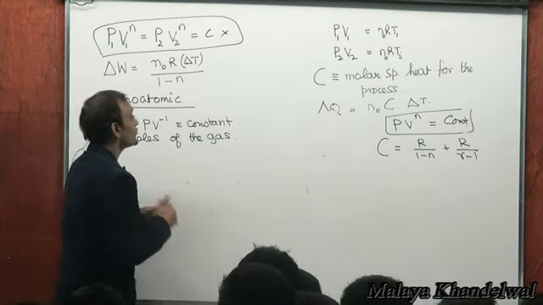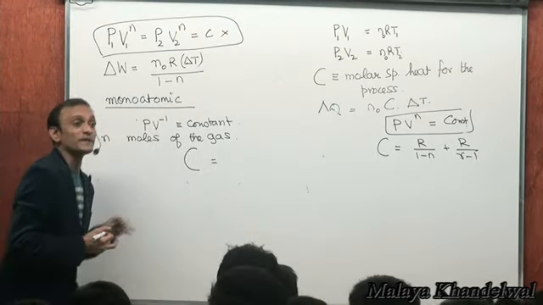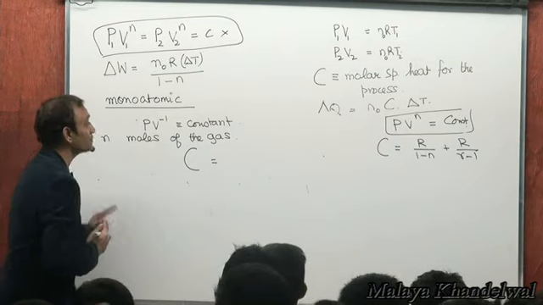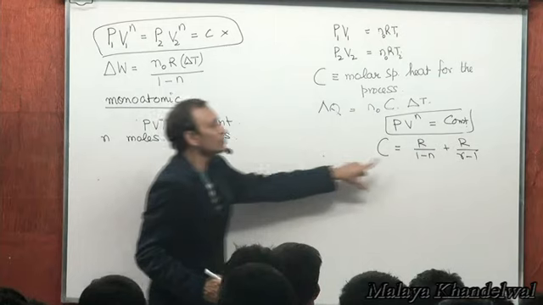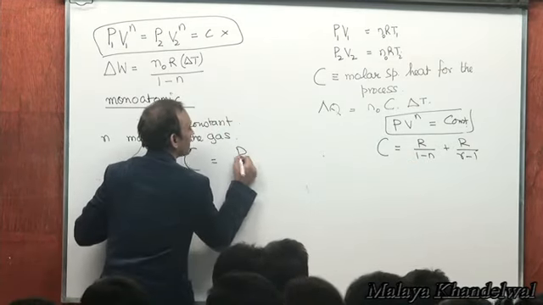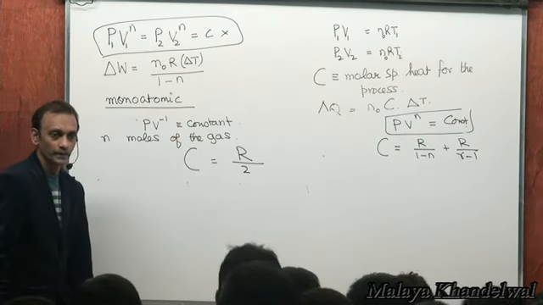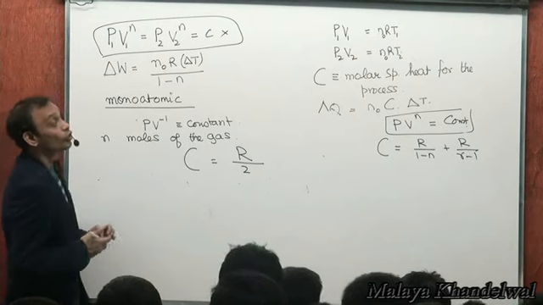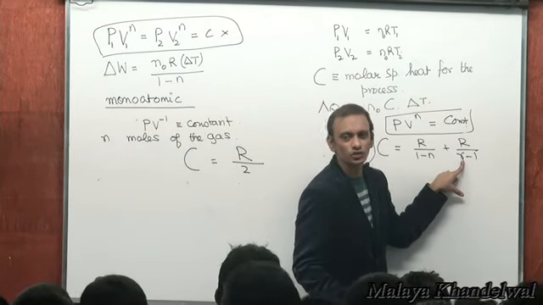What you do is find the molar specific heat for the process. What is that? R by 1 minus n. n in this case is minus 1. The polytropic exponent here is minus 1. So R by 1 minus minus 1 means R by 2. For a monoatomic gas, CV is 3R by 2.